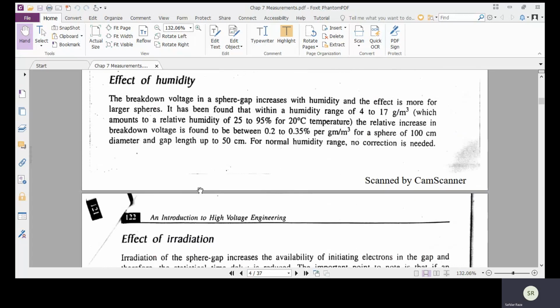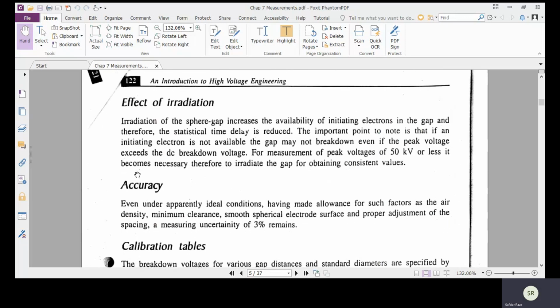So definitely, as the temperature and pressure change, we have to adjust the value of Vmax according to the requirement. Similarly, the effect of humidity is also there, and we have to consider this effect also. There is another effect, which is the effect of radiation.